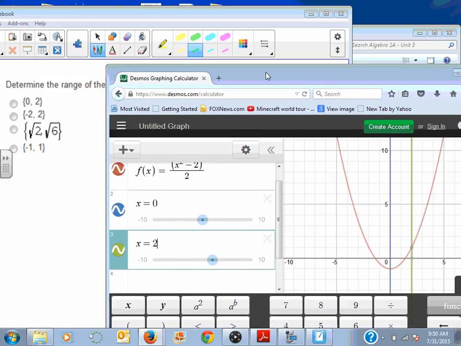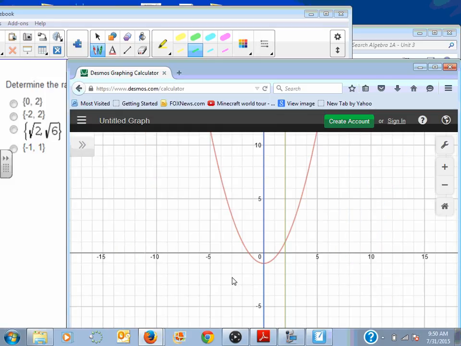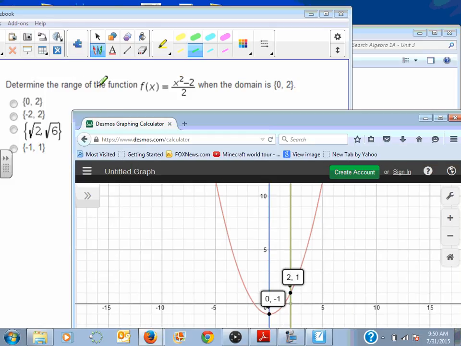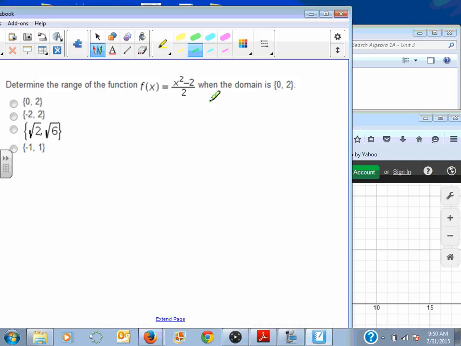Let's look for our intersections here. You've got an intersection here, and you've also got one here, and they want the range. Range are your y values. You've got a -1 and a 1.